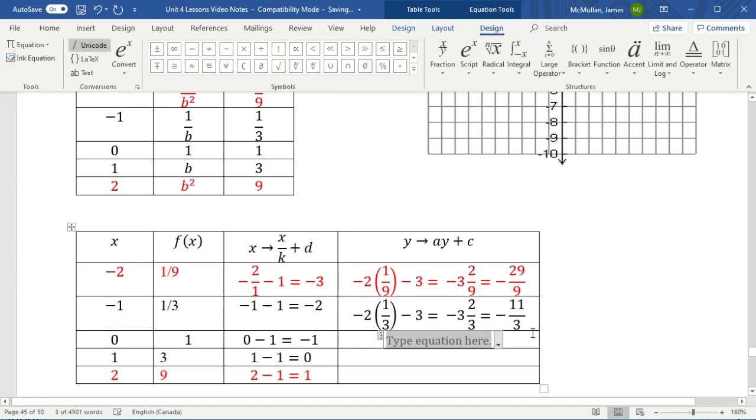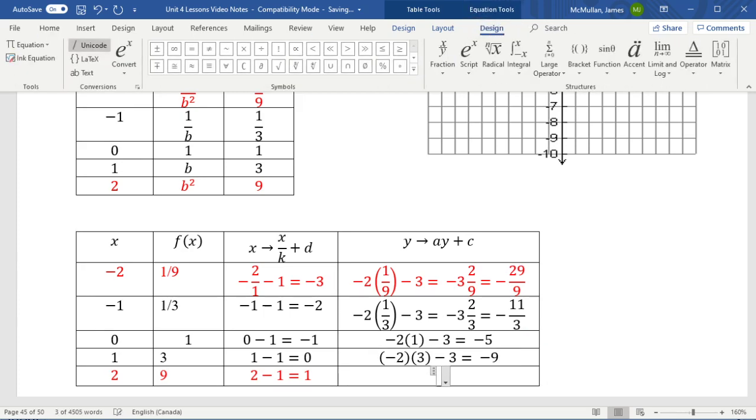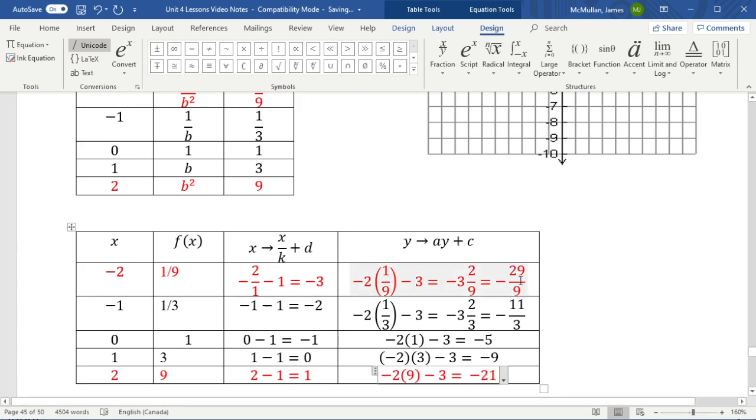Okay. Here I get negative 2 times 1, take away 3, which is negative 5. Here I get negative 2 times 3, take away 3, which is negative 9. And here I get negative 2 times 9, take away 3, which is negative 21.